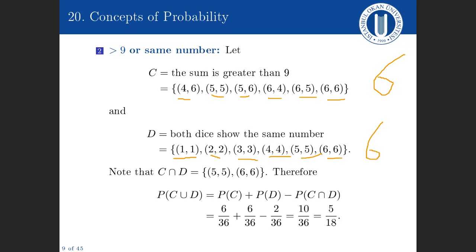There's some numbers which appear in both sets. I have 5, 5 in C, and I have 5, 5 in D. I have 6, 6 in C, and I have 6, 6 in D. C intersection D contains 5, 5 and 6, 6. There's 2 events here.